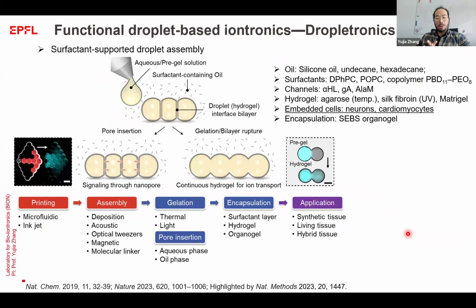The way we use those droplets to build iontronics is summarized in this slide. We have two pathways.